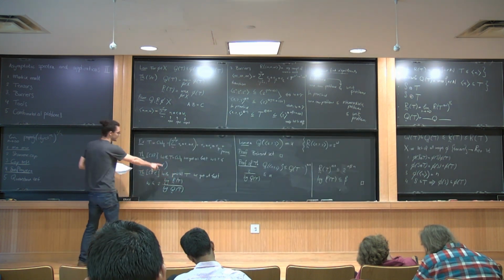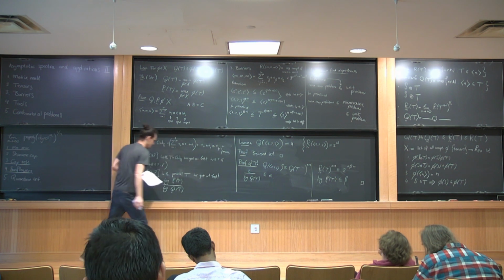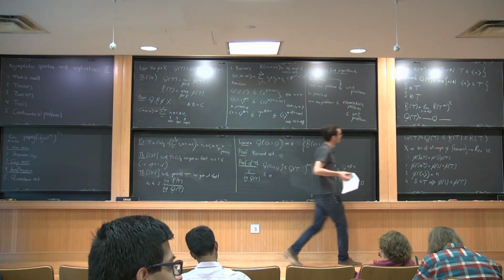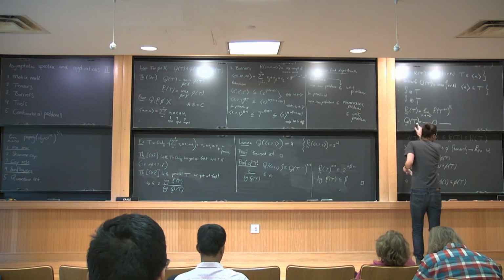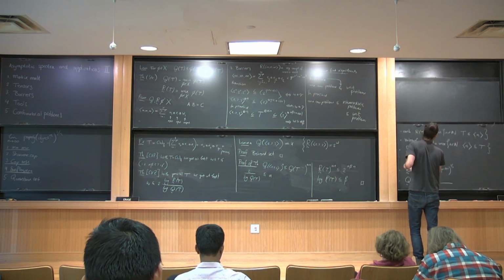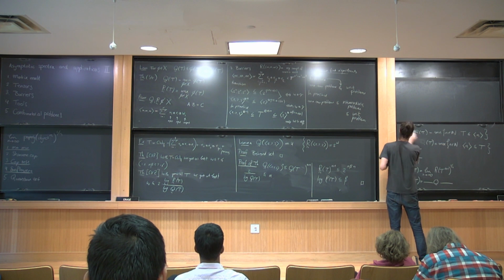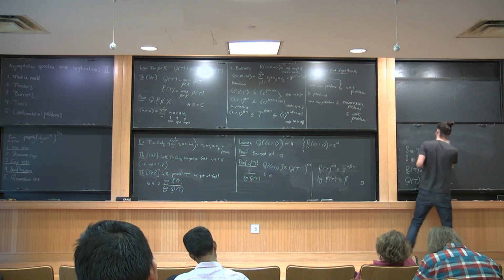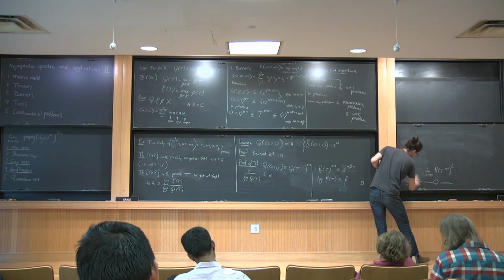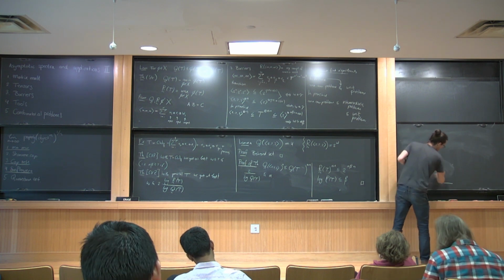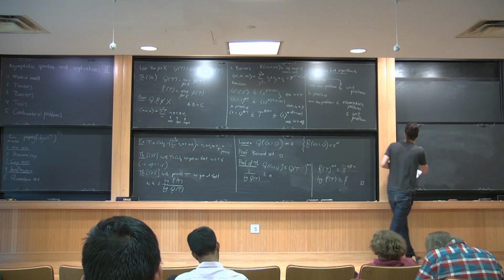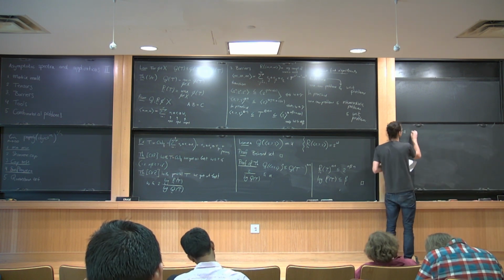How would you get numbers like this, 2.16? That's the fourth part, tools.